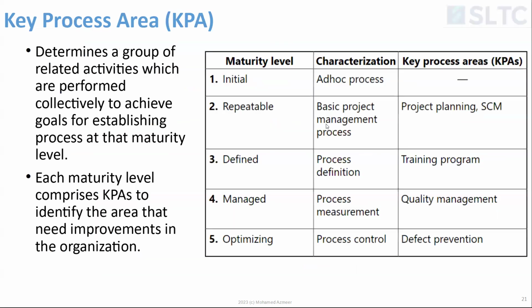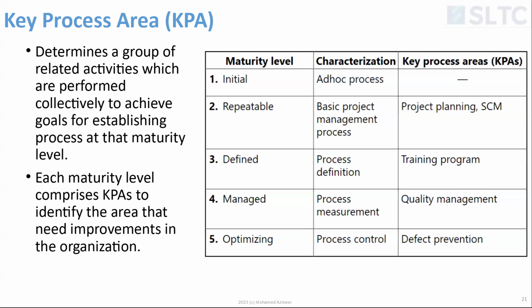Now, in the CMM model, we also have this concept called the key process area, or KPA, not KPI, KPA, key process area, right? What does it mean? It determines a group of related activities which are performed collectively to achieve goals for establishing processes at that maturity level.